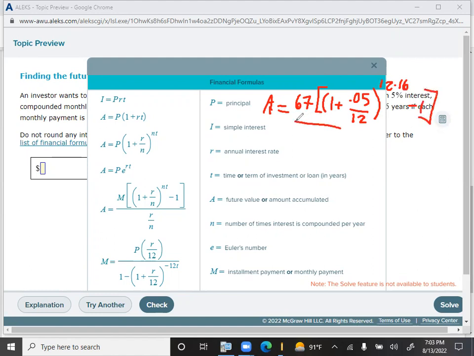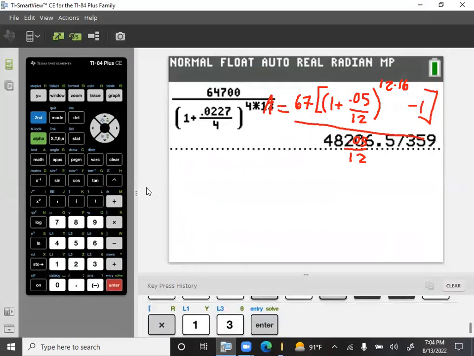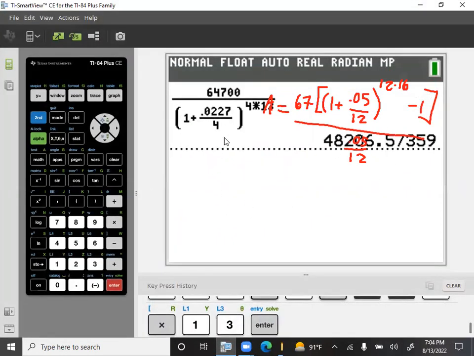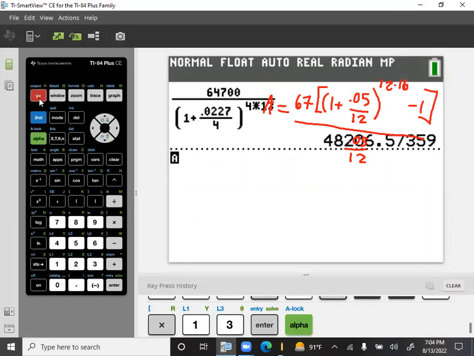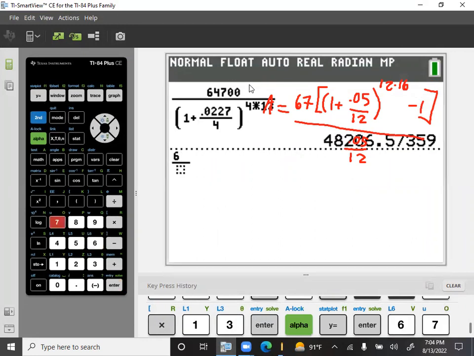And we're going to divide all of that by R over N again. And that's what we type in the calculator, and we just got to make sure it looks just like that. I'm not going to clear my screen, so it'll be easier to see what's going on. When I wrote it by hand, I had these brackets and these parentheses.